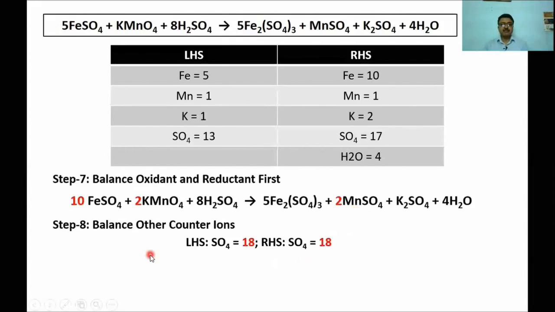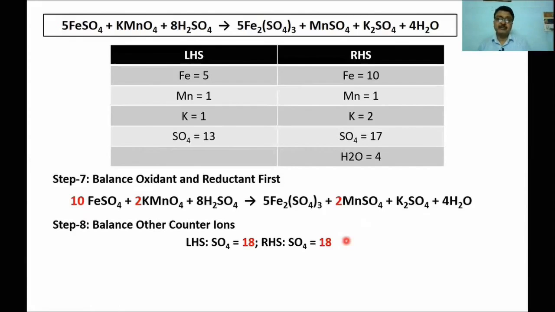The next step is to balance other counter ions. If we count the sulfate ions, here we have 10 and 8, 18, and on the right hand side now we have 15 plus 2, 17, plus 1. So incidentally, the sulfate ions are balanced.